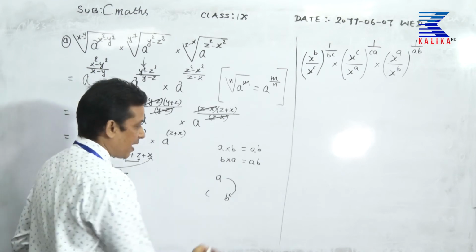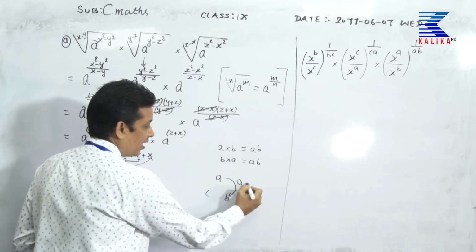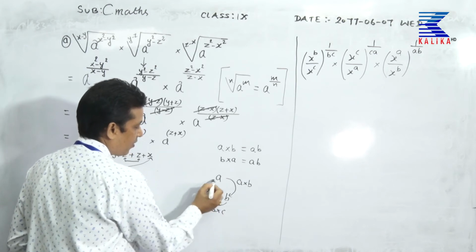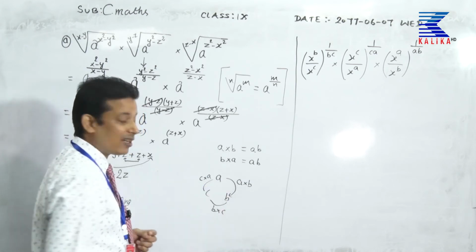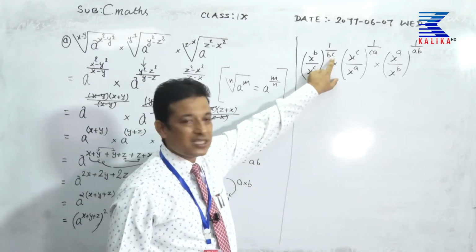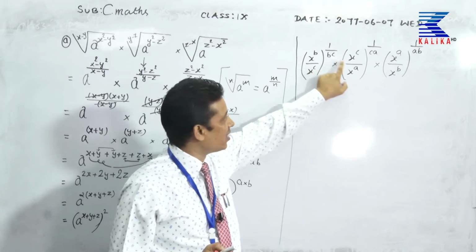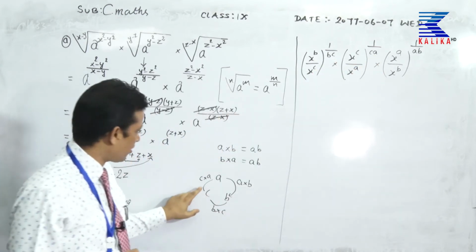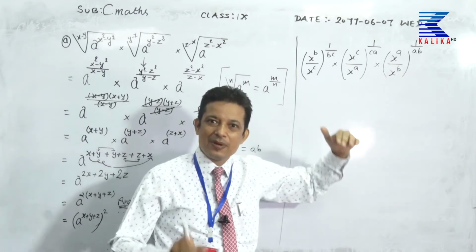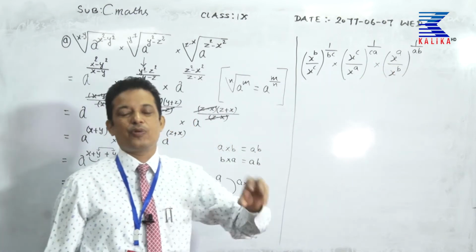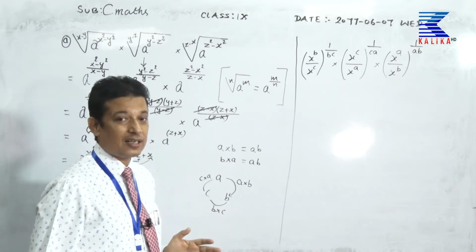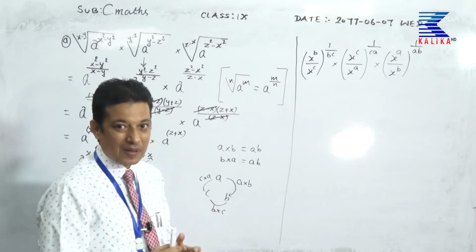Cyclic order should be maintained. We write A cross B, B cross C, C into A, like this. So here also you can see BC is written, CB is not written, CA is written, and there AB is written. AB, BC, CA is the proper cyclic order, and we normally follow the order to keep the beauty of mathematics.